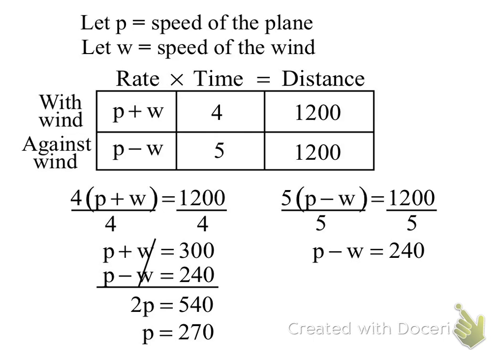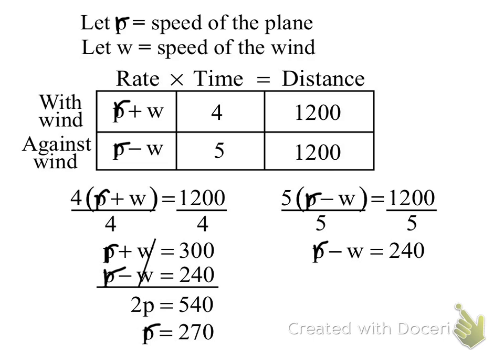Divide by 2. And what does that mean? Actually, let's go back. I called this R. I called this R, R, R, R. Okay. So what does that mean, 270?